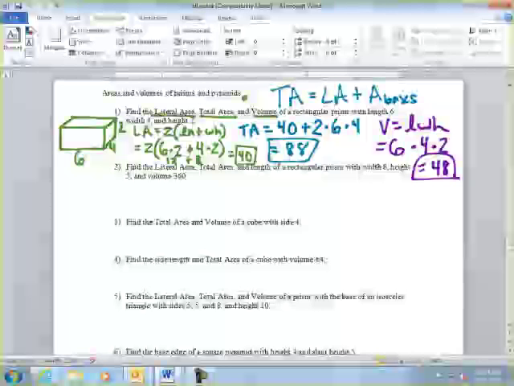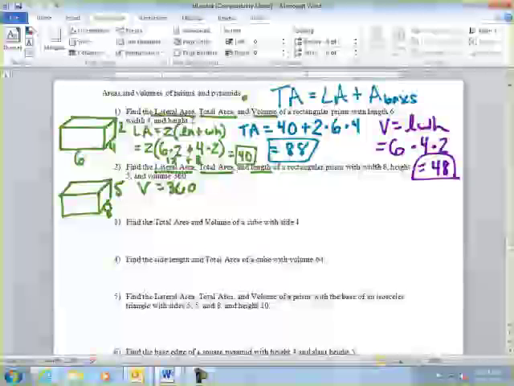In question 2, we're asked to find lateral and total area and length of a rectangular prism again. So again, we have a shoebox. But this time we know our width is 8, and our height is 5, and volume is 360. So we don't know the length, so that'll be the first thing we find.